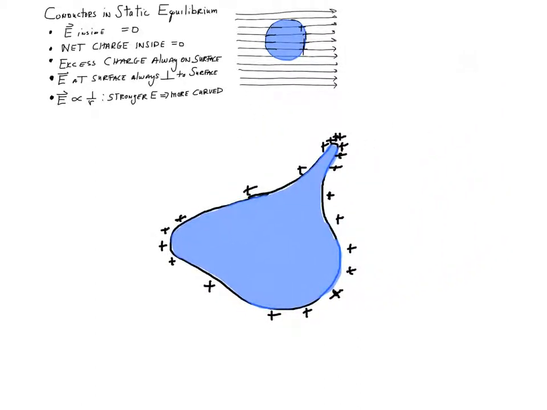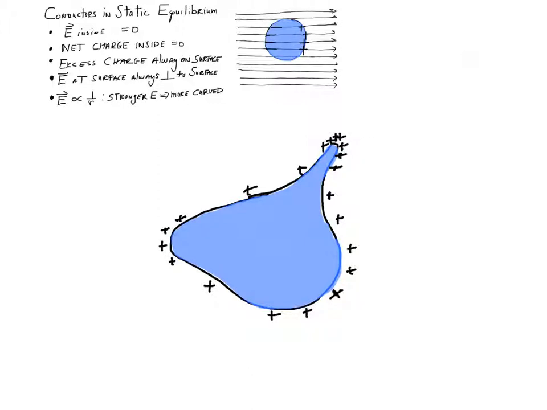And so we're here to illustrate this fifth property, that the electric field and the charge density are stronger where the curvature is greater. So where there's very little curvature, you see the charges are pretty spread out. Here there's very little curvature, the charges are spread out. Here there's a moderate amount of curvature, and so the charge density is fairly moderate.